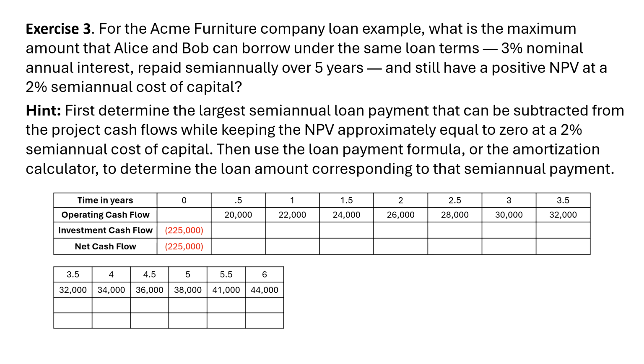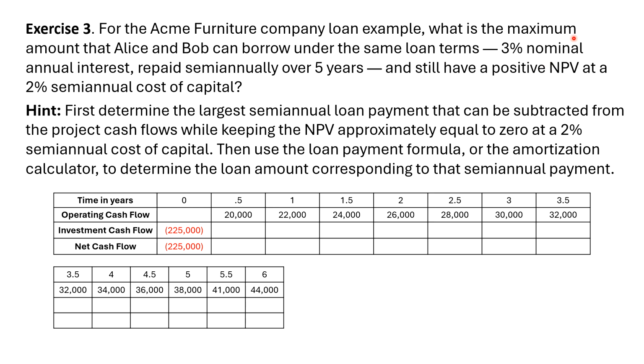Problem number 3 is a bit messier, more of an experiment. Let's have a look at it. Again, we're talking about the furniture company. And now we're going to reduce it back down to just 6 years, not the 10 years we were talking about in the previous example. What is the maximum amount that Alice and Bob can borrow on the same loan conditions?